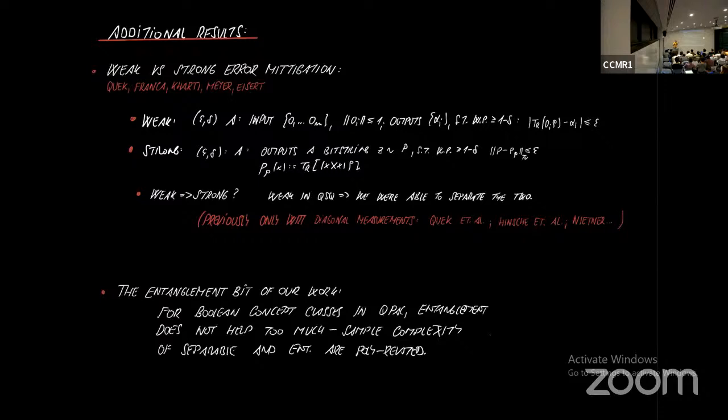There was also a small result. There was an open question from previous work, and we pushed epsilon further, which is that there is this notion of weak and strong error mitigation that was formulated in this paper by Oufkir and co-authors, and they were asking whether the notion of weak error mitigation could also imply strong error mitigation, and they were able to refute it in the case where effectively you were using quantum statistical queries with diagonal observables only.